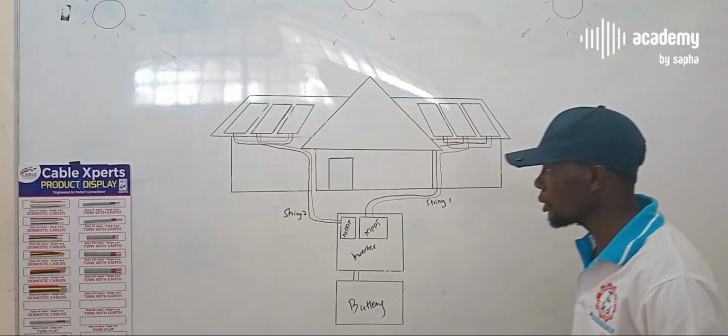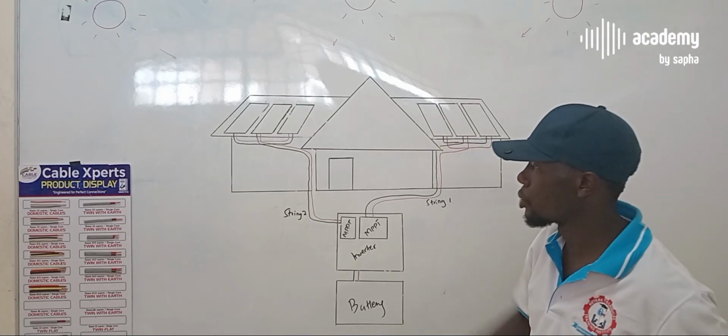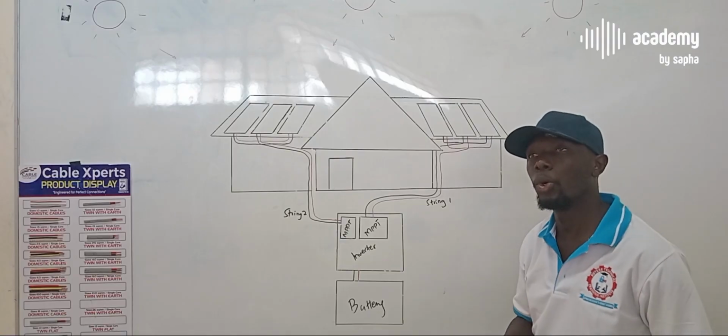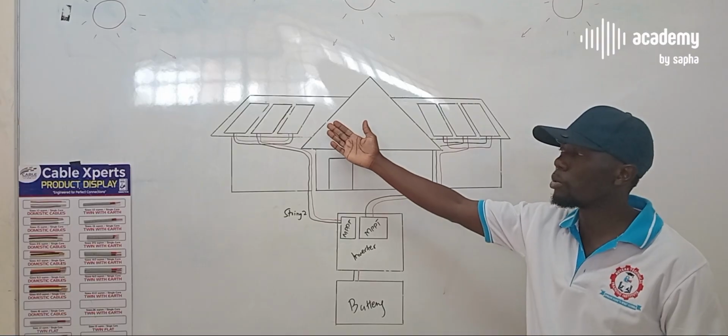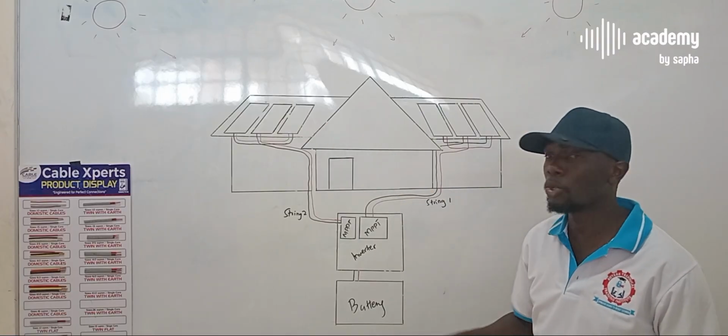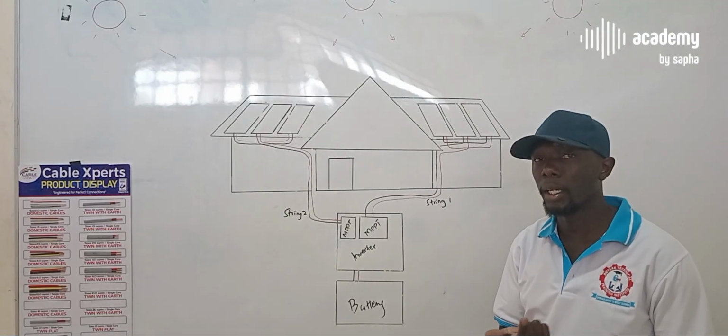When you go to source your inverter, if a roof has been designed this way, you'll have to do an analysis and realize that for this design, you'll need an inverter that has more than one intake point, or string intake.